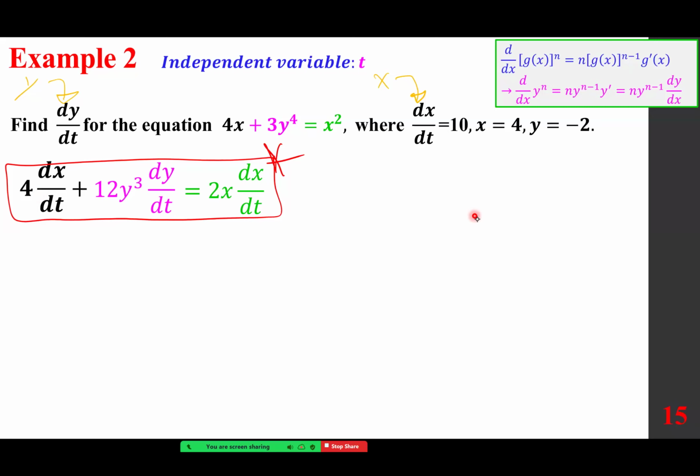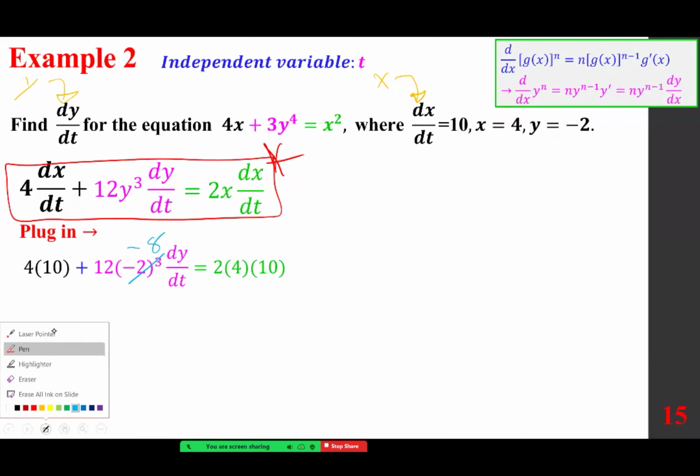You can just plug in the information that you have here. So 4 times dx dt is replaced with 10, 12, y negative 2 cubed, dy dt is missing, 2 times x, which is 4, dx dt, which is 10. Just plug in. This is negative 8. 4 times 10, 40. 12 times negative 8, minus 96 dy dt. 2 times 4 times 10 is 80.